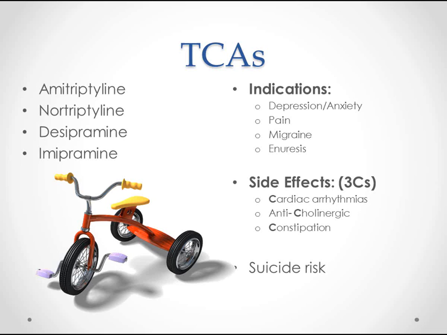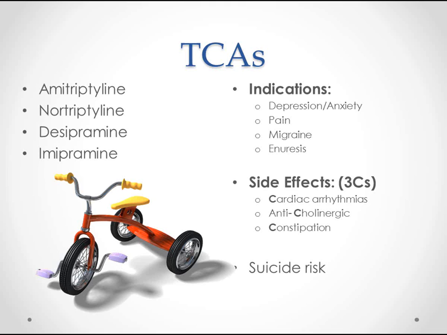The next C is anticholinergic, and constipation, which actually goes under anticholinergic, but I need another C. Anticholinergic, we remember those as where everything kind of dries up. You have constipation, lack of urination as well, lack of tearing, and sedation are some of the big categories in anticholinergic.